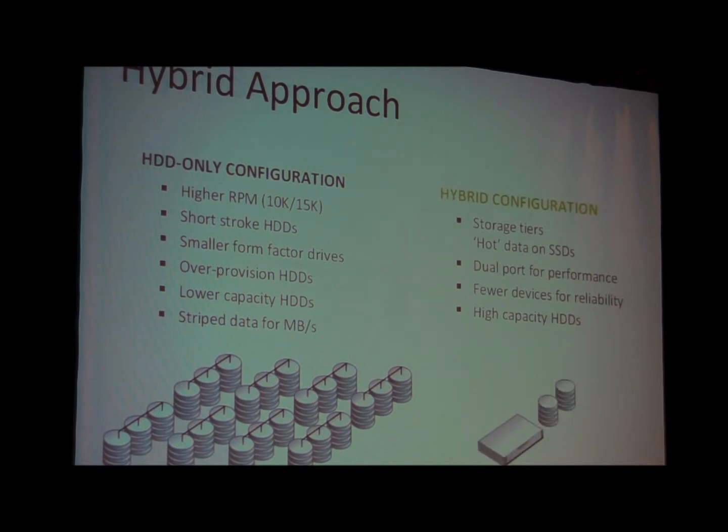A lot of hybrid configurations have been all the rage for the past couple of years and are really coming into fruition now. We're able to see storage tiering where the hot data is served up from SSDs, from these very high-performance dual-ported SAS drives, placed in conjunction with the colder data that's being stored on the hard disks behind.